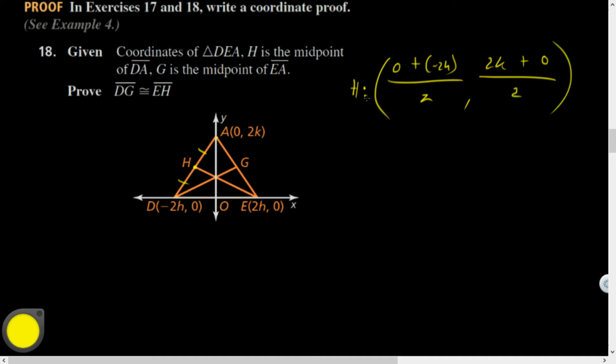The midpoint formula, by the way, is just the average of the x's, comma, the average of the y's. So this is going to be negative 2k over 2, comma 2k over 2. And so H is going to be the opposite of k, comma k. You guys believe that? Seem reasonable?